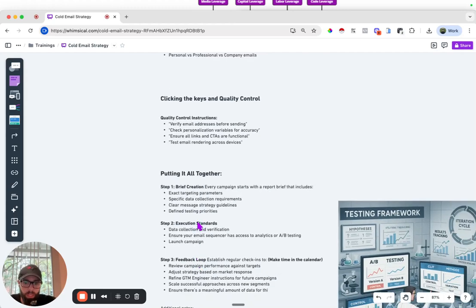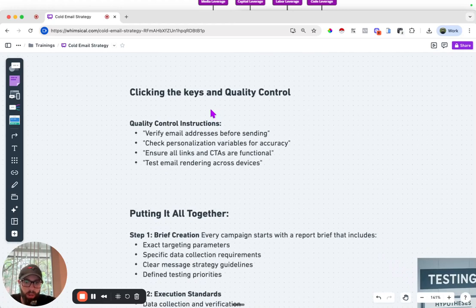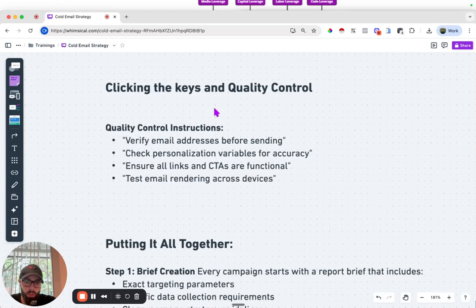Now, one thing to look into as well is how can you make sure that there's high quality control for all of the campaigns that you launch? One thing that's incredibly important to do is to verify the validity of all of the email addresses before you send emails to them. If you don't do this, you could have higher bounce rates, which will impact your domain reputation.